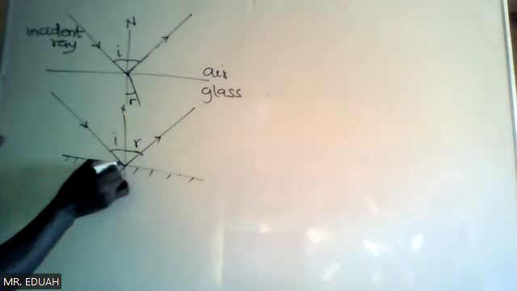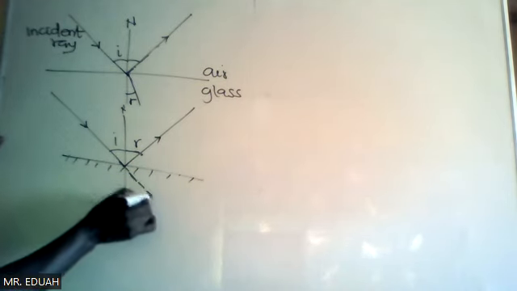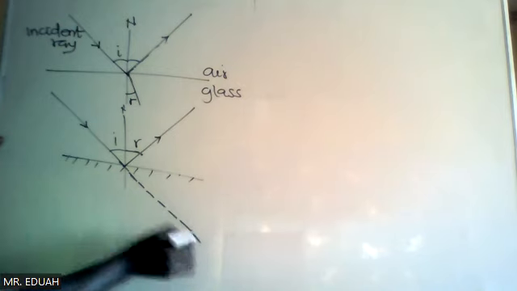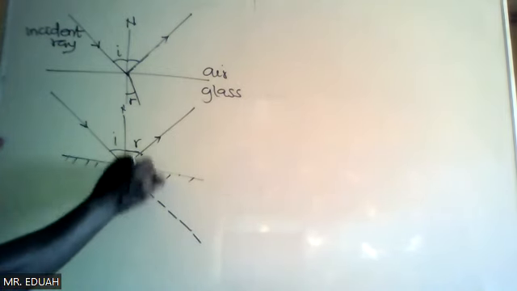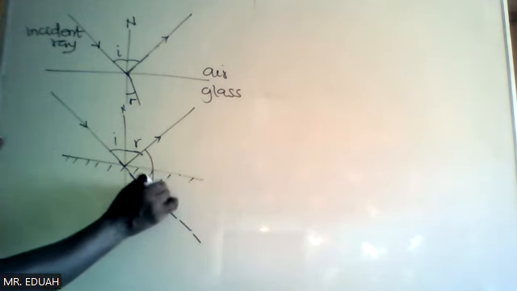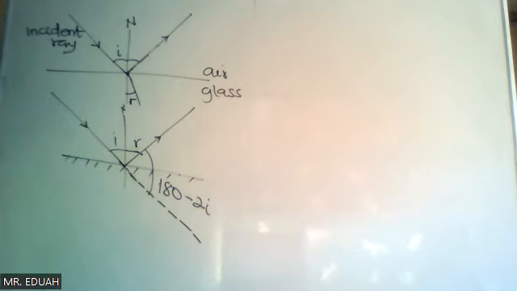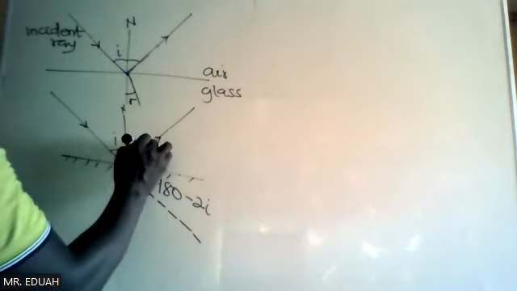So how much is it deviated when we extend this line? We realize that the angle of deviation is equal to 180 minus 2i, or 180 minus 2r.